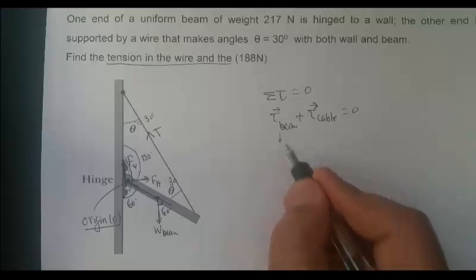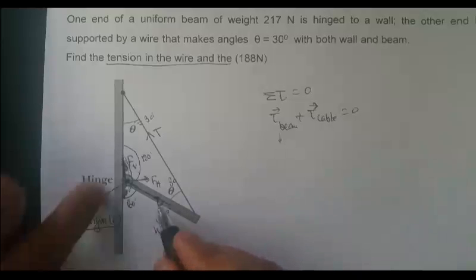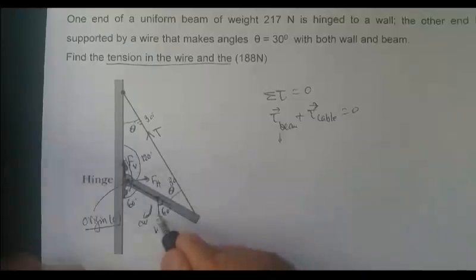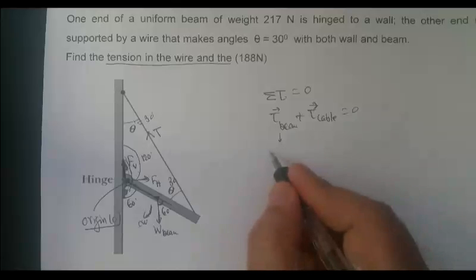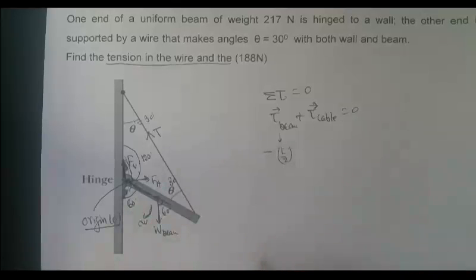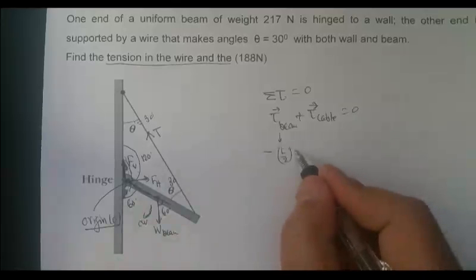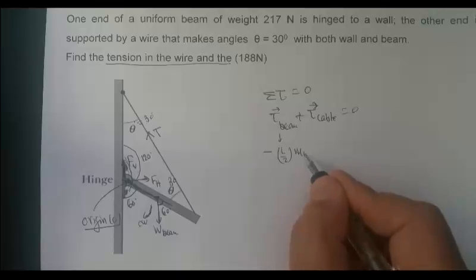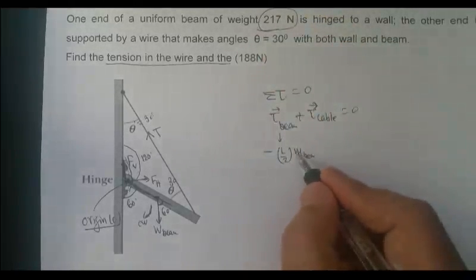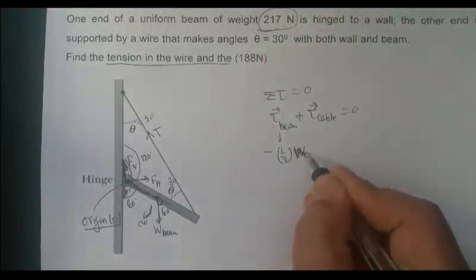So the torque due to the beam, again about this origin. Here it's trying to produce clockwise rotation, clockwise torque, so that's negative torque. The distance is half of L, half the length of the beam. The force is the weight of the beam, which is directly given, so you can just use W of the beam.